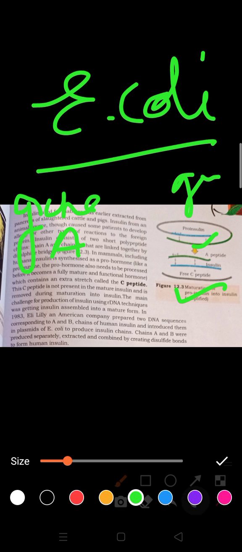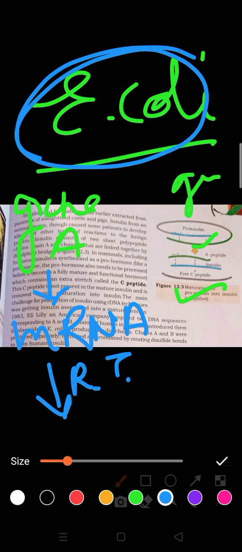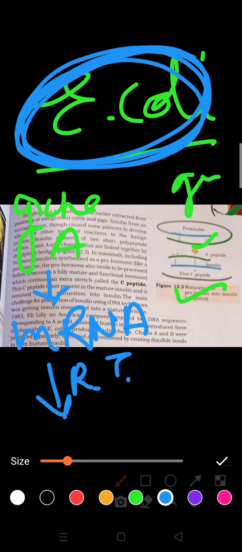I am telling you here about gene A. Firstly, mRNA synthesis takes place from gene A, but afterwards, due to reverse transcription, ultimately we have to put this recombinant DNA inside the E. coli, because the synthesis has to happen in E. coli.